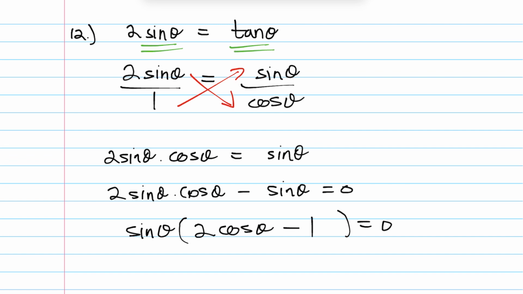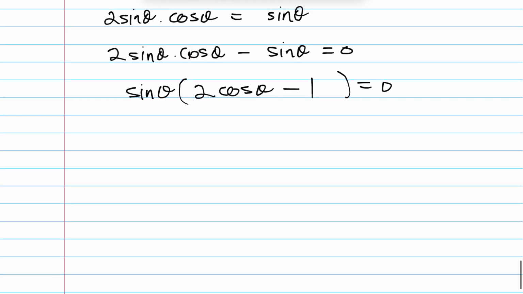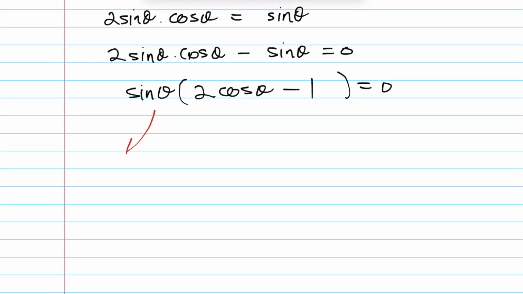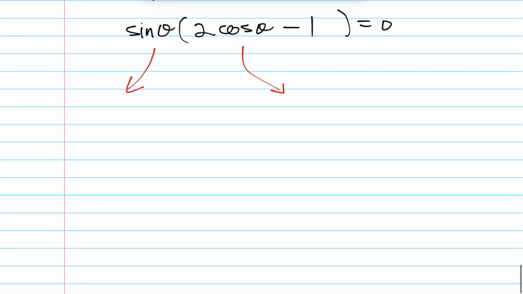If you have sine and tan, you need to make them one function; it needs to either just be sine or just tan. So I changed tan into sine over cos, and I cross multiplied, hoping to break it up into two separate equations where I'm just dealing with sine and just dealing with cos. And we've done so here.